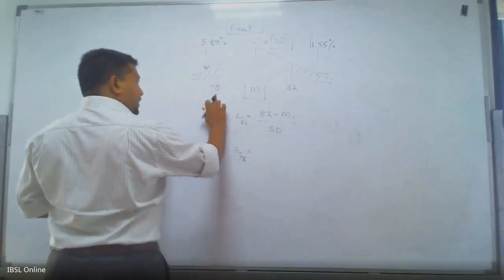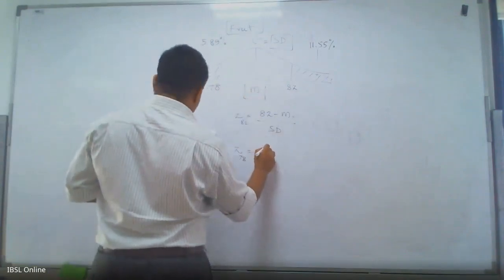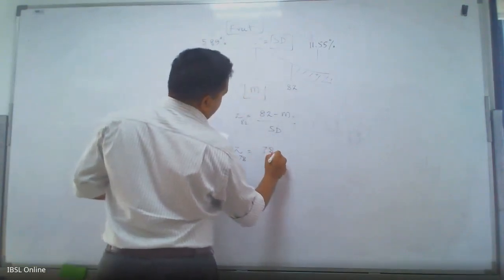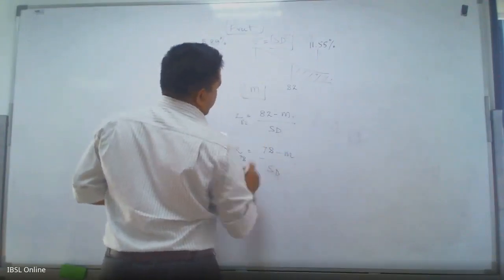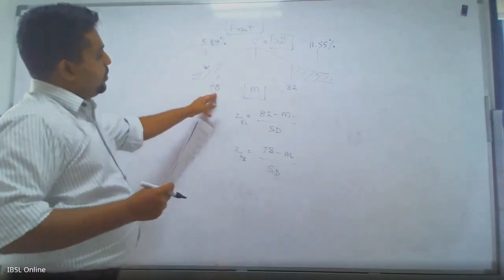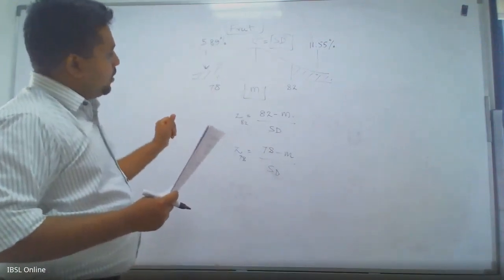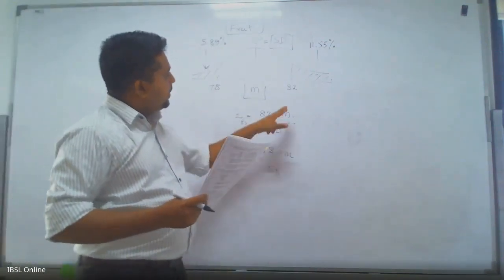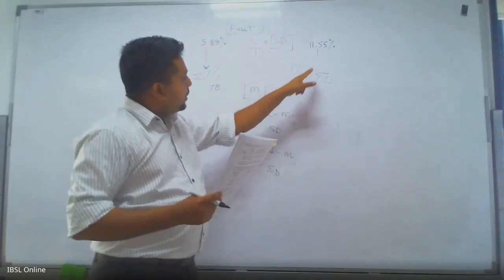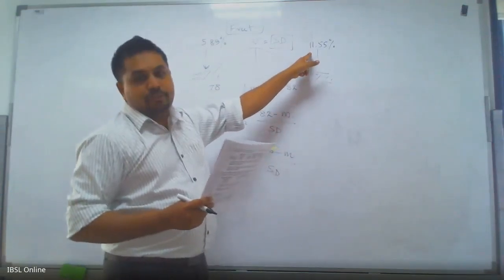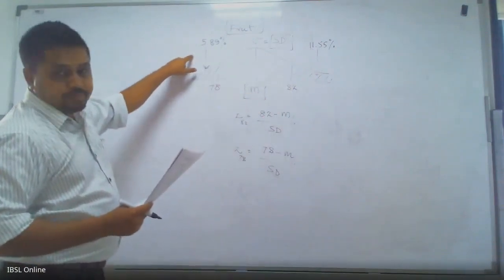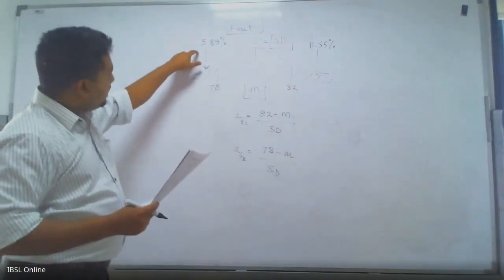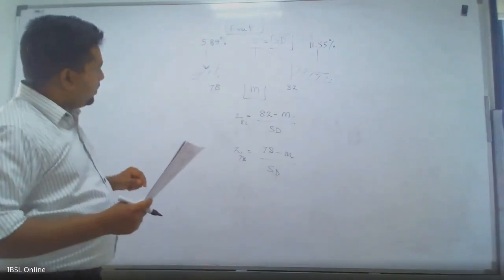That means 78 minus m, don't forget the minus sign here, 78 minus m divided by the standard deviation should give me the particular Z value. What do I know at this point is that this Z value should correspond to this 11.55% here and this 5.89% here. Okay.